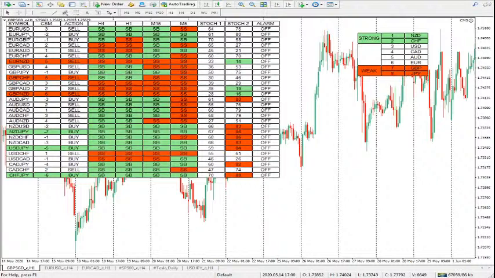We have Euro JPY uptrend, and then we have Euro NZD, we have a downtrend. We have GBP CAD, GBP AUD, GBP NZD, all of them in a downtrend. Then we have all the AUDs upwards, including NZDs, all are upwards. Then we have USD CHF, which is a downtrend. We have USD CAD, a downtrend, and then Canadian dollar, Japanese yen, we have uptrend. Canadian dollar, Swiss franc, uptrend. CHF JPY is also upwards.